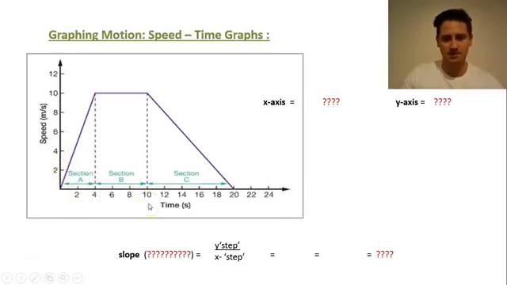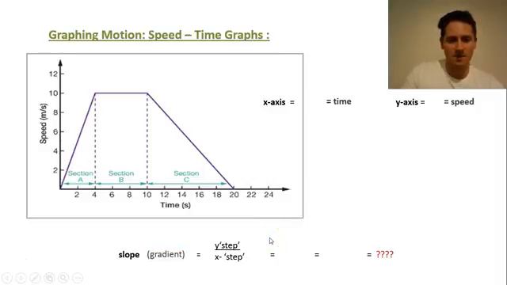Now, what we can do here is use the actual units on the graph to calculate the acceleration. Okay, so I've just got a few things here. In this case, the x-axis is time. Now that's easy to read from the bottom, and the y-axis is speed. Now, to calculate the slope of a graph, that's also known as the gradient, you want the y-step divided by the x-step.